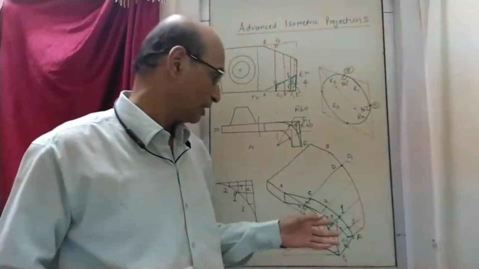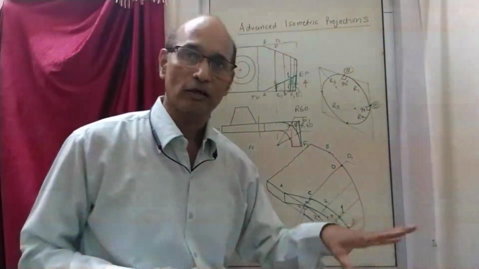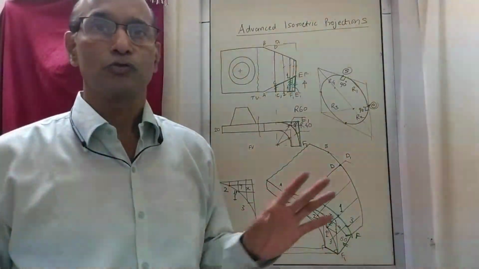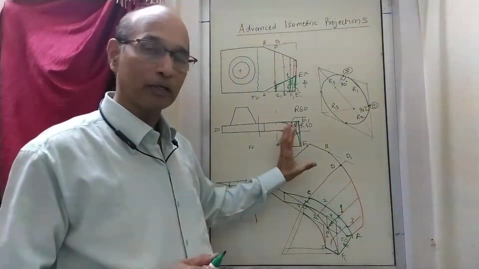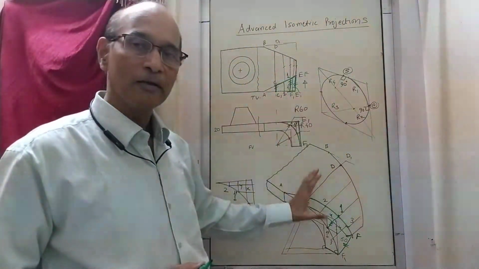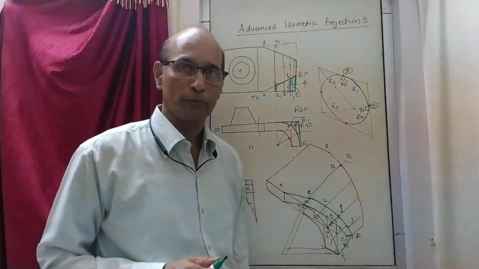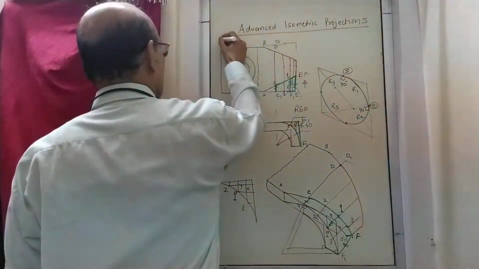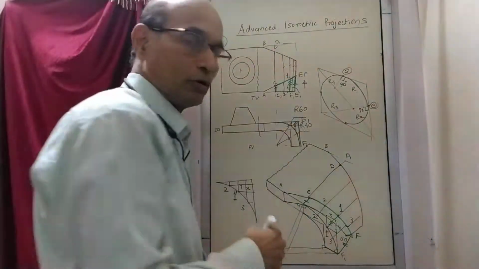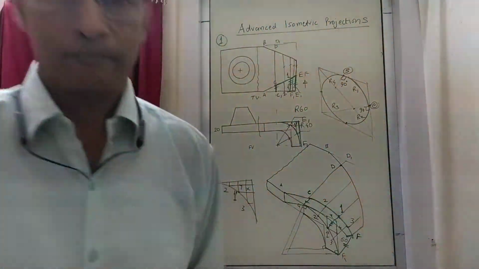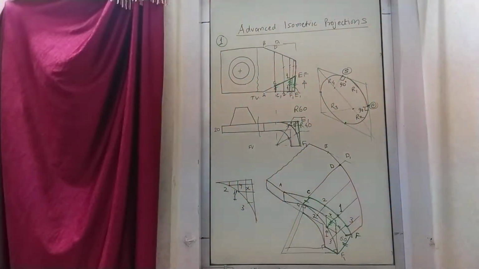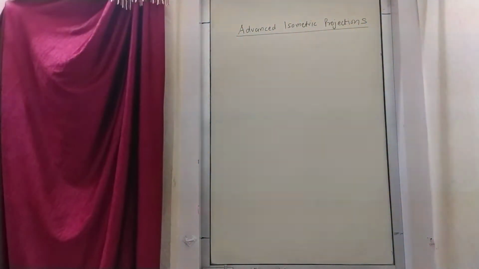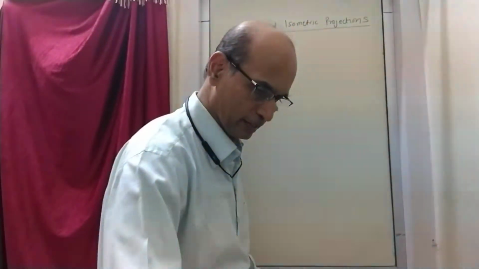But once you know the theory behind this, then any kind of exercise, even though it is not seen by you earlier, you should be able to draw because you have understood the principle behind it, which is more important. So try to understand that by this figure, and then you will be able to draw any kind of figure. So after this, you can call this the first exercise, and after this we are going to solve some more exercises. So let's take the second exercise.